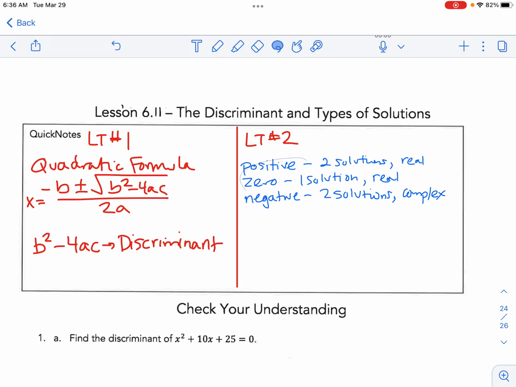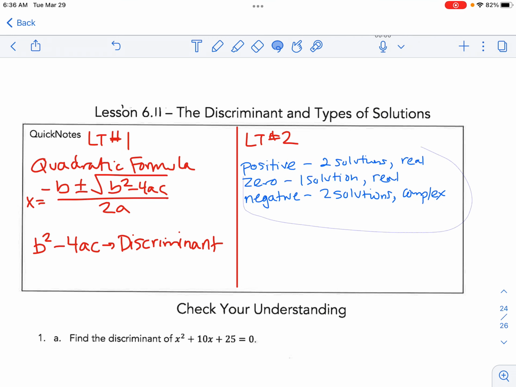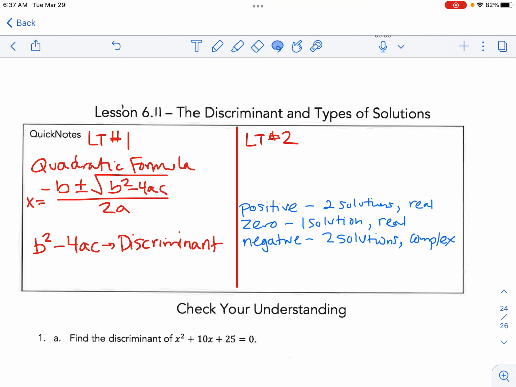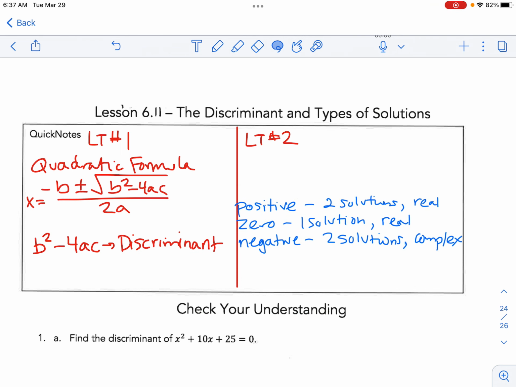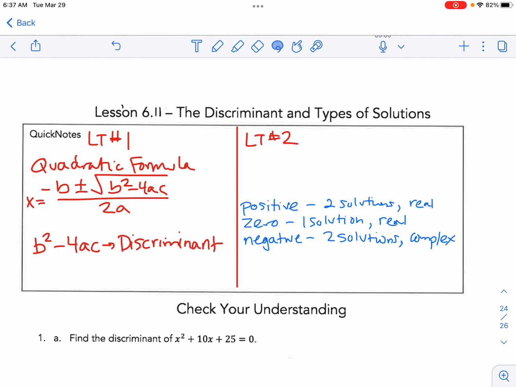Maybe I'll move that down just a little bit. There we go. Okay, so let's just do when b squared minus 4ac is positive, it leads to 2 solutions, 0 leads to 1 solution. Those are both real. And when it's negative, it leads to 2 complex solutions.